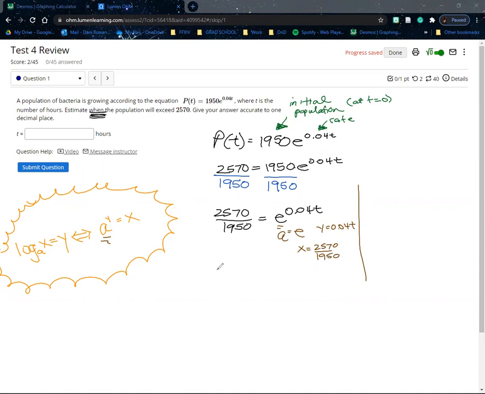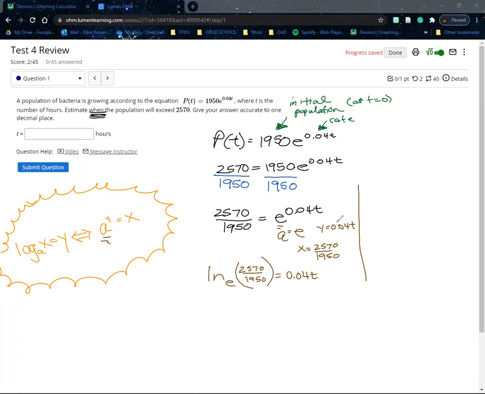So if we rewrite that, we'll do natural log because it's base e of x, which is 2570 over 1950, equals y, which is 0.04 t.